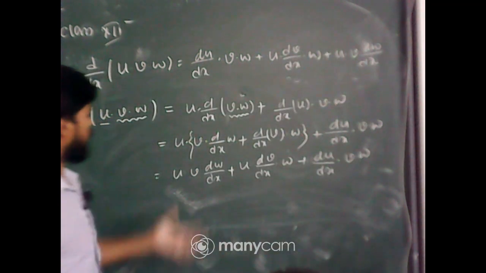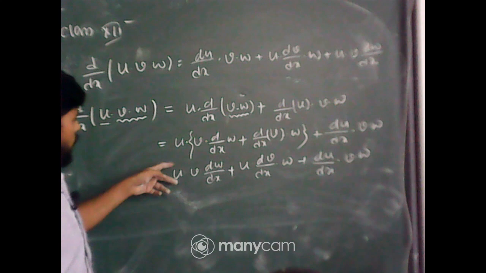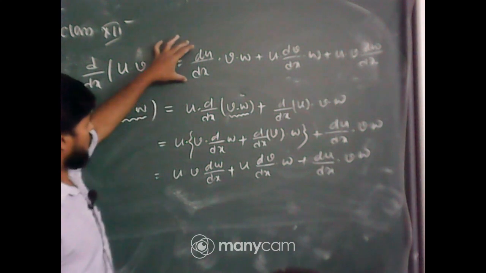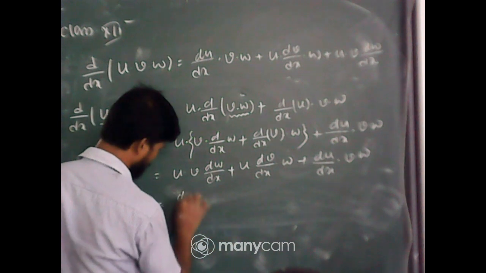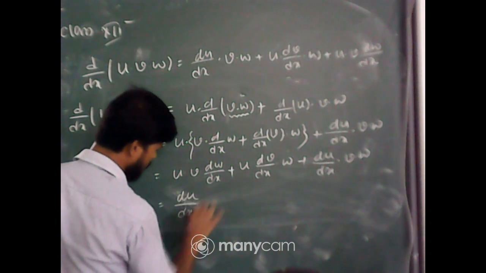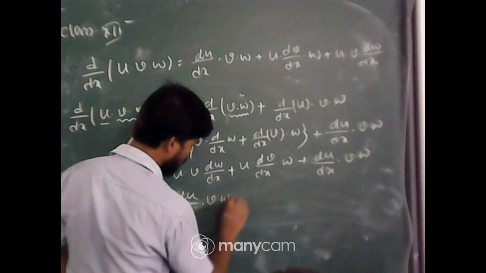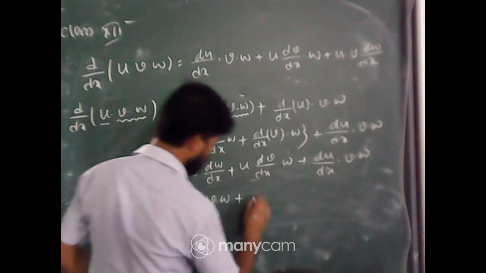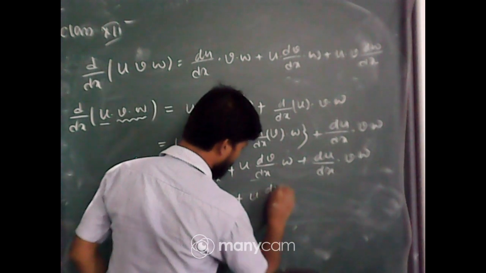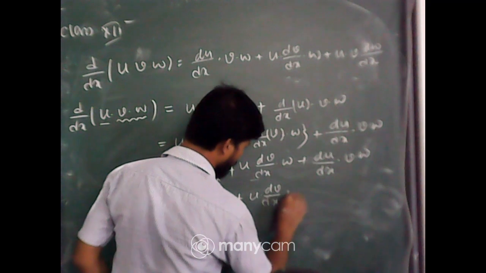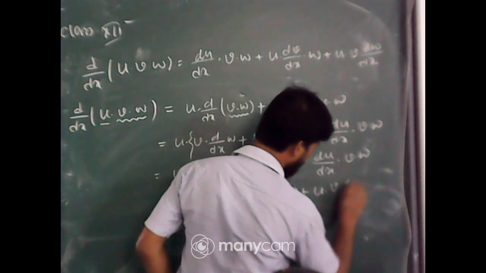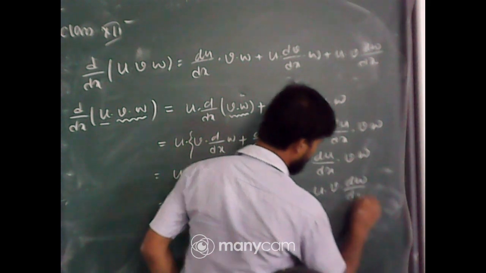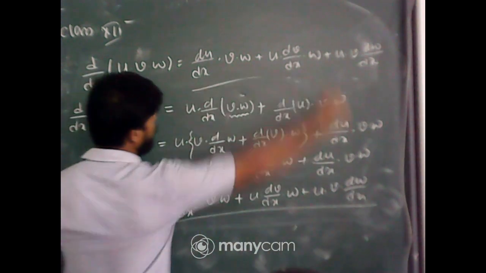Now if I rearrange this, we write the last term first, that is du dx into v into w, plus u into dv dx into w, plus the first term u into v into dw dx. So this is the proof.